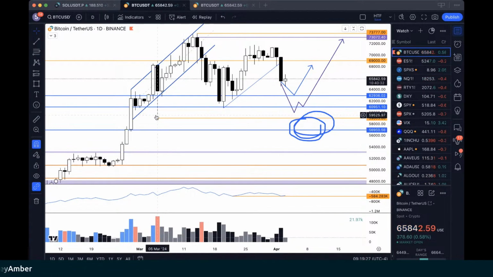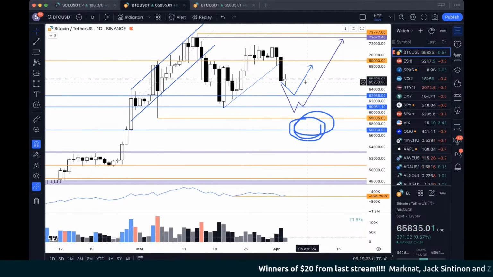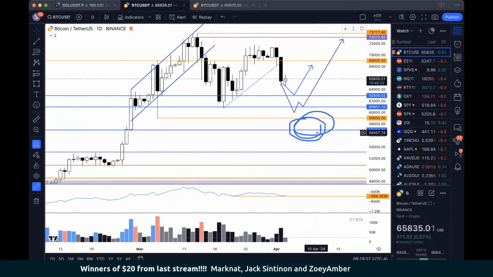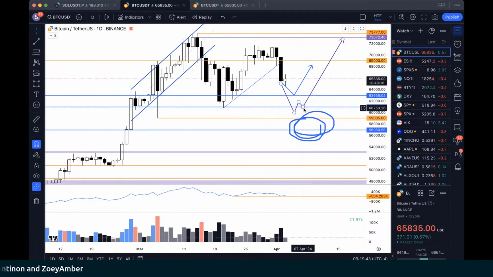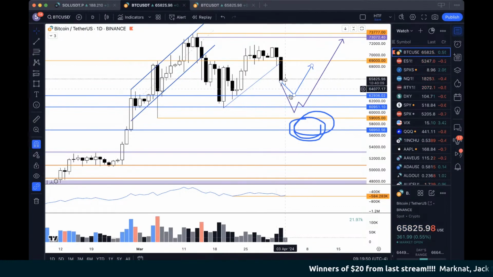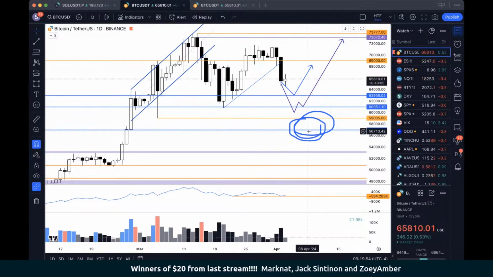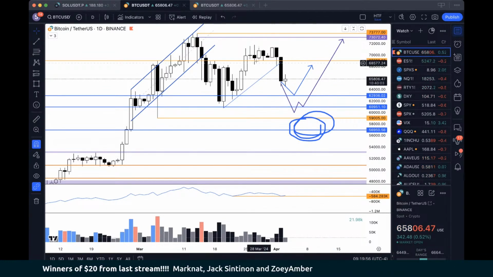I'm looking to take out the liquidity under this wick before making a bigger move up. I think we're in a strong enough trend that if we just sweep 60K and get a decent bounce, notice I'm not longing this 60K without the reclaim. I'm letting it come down, waiting for the retest, and then going up.